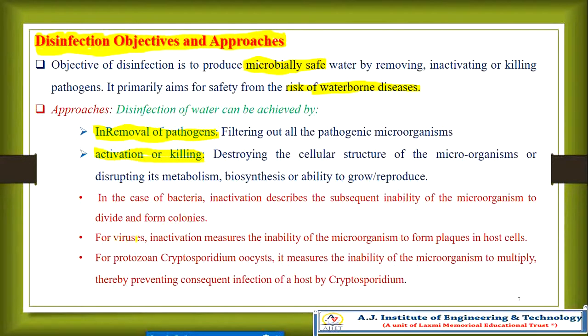For viruses, inactivation measures the inability of microorganisms to form plaques in the host cells. For protozoa, it measures the inability of microorganisms to multiply, thereby preventing consequent infection of the host by this particular Cryptosporidium.